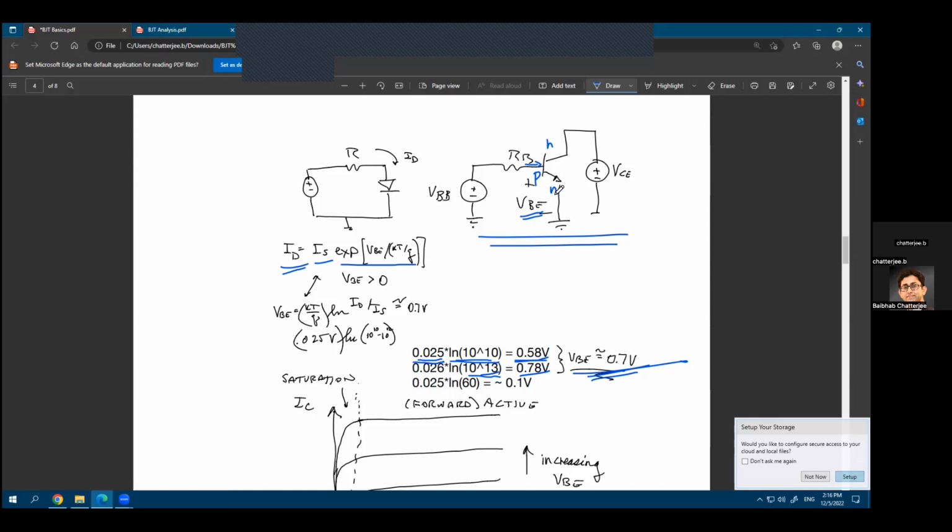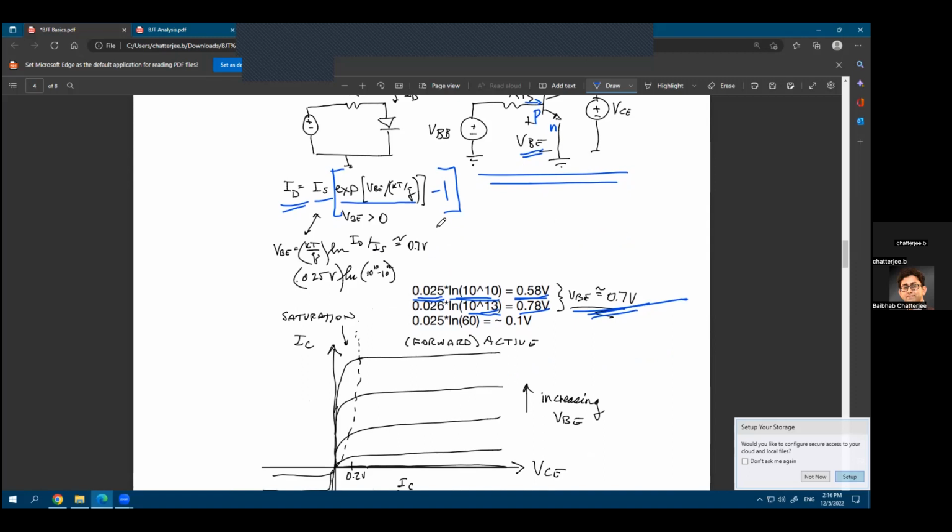That's the diode voltage. And kT over q is your thermal voltage again, right? Of course, if you really want to be exact, you can write down the exact equation, which has this -1. But for all practical purposes, we can ignore that. When we studied diodes, we studied this equation as IS times e to the power VD over VT minus 1.